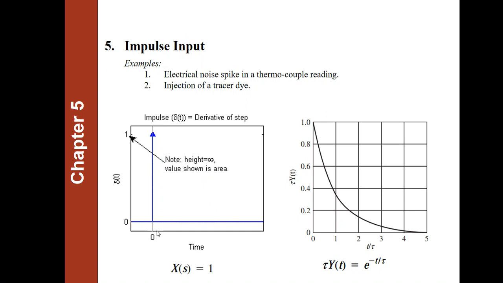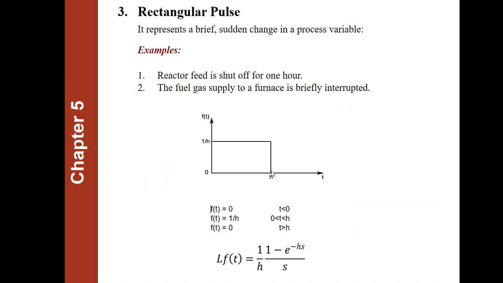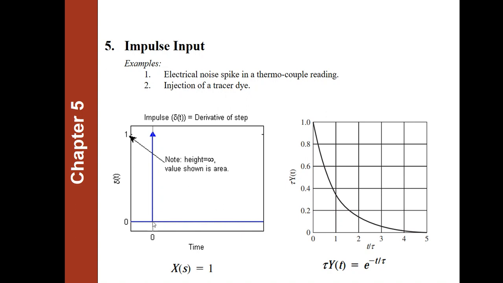So if you're going to collapse this time element here for the pulse, as it approaches zero because it's very small, what you'll be producing is this line, a line that extends infinitely upwards, a line whose height is infinity and whose area here is equal to 1.